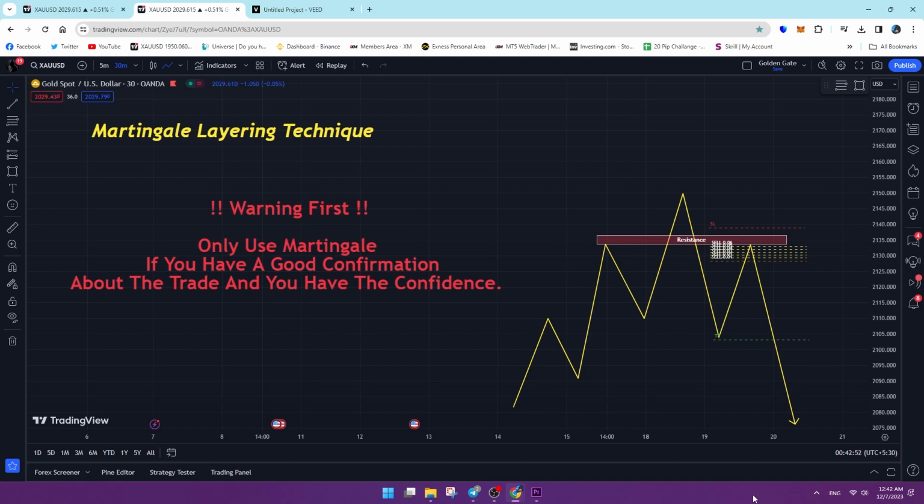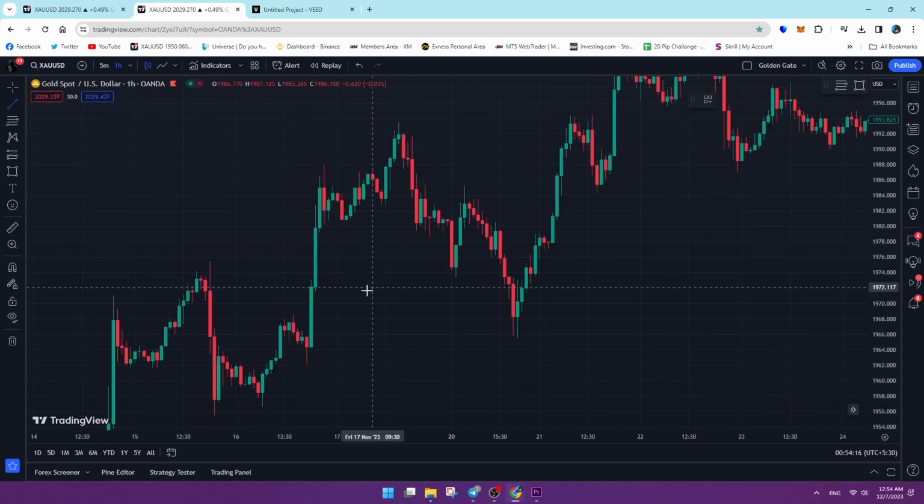First, when you have a good confirmation about a trade and you identify the trade zone clearly, you can go with martingale layering according to your account capital. Okay, let's get into a trade.